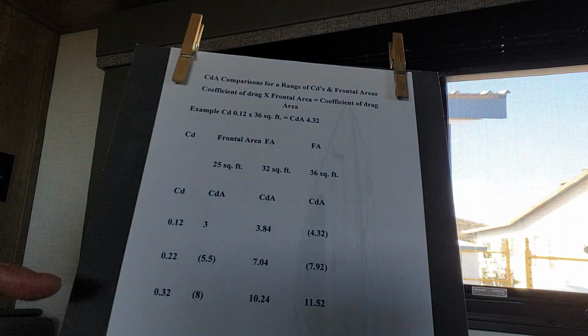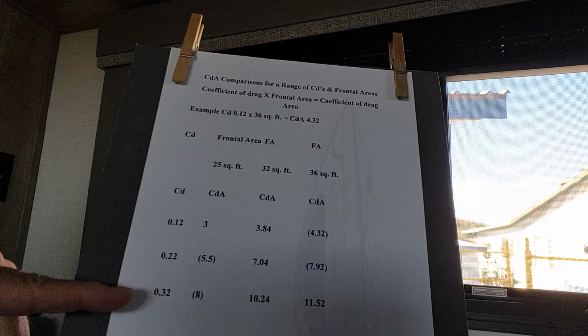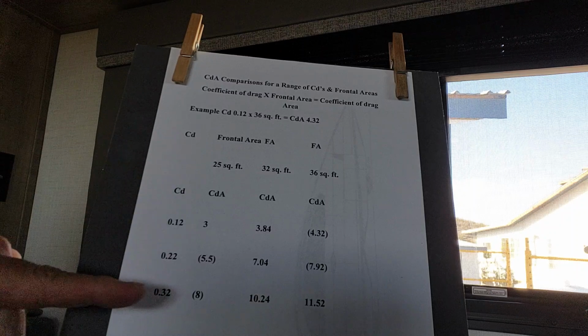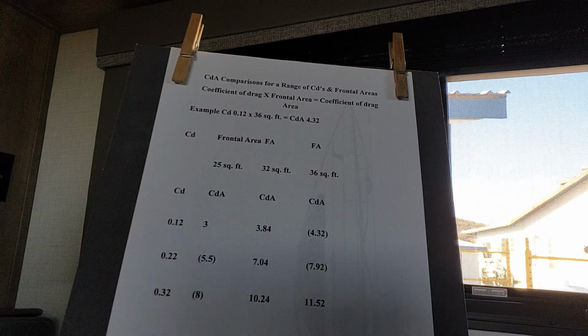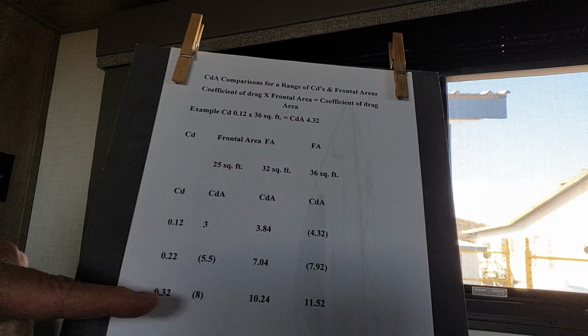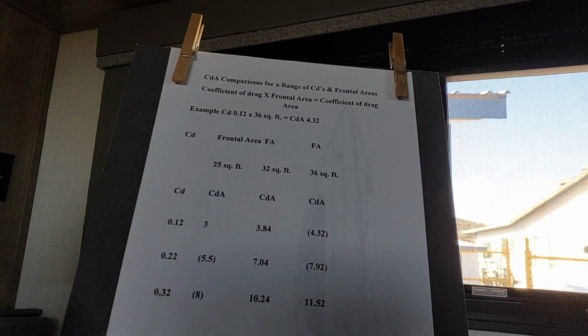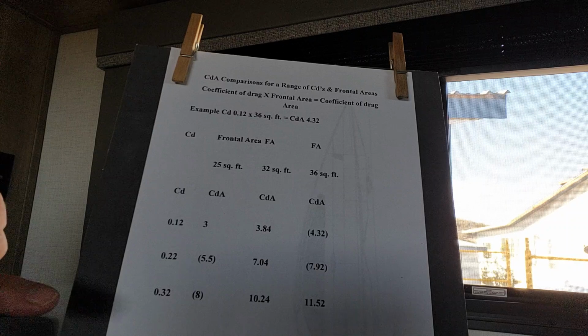However, if you have a high drag form, even at 25 square feet, and by high, I mean 0.32 is a very common coefficient of drag for modern vehicles. Some are even more, especially pickup trucks.